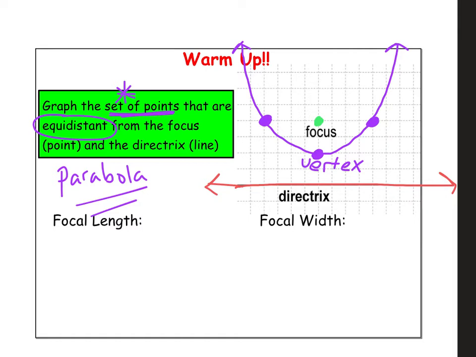Let's talk about a couple of terms here: focal length and focal width. First off, the focal length is going to measure the distance, or length, from the vertex to the focus.